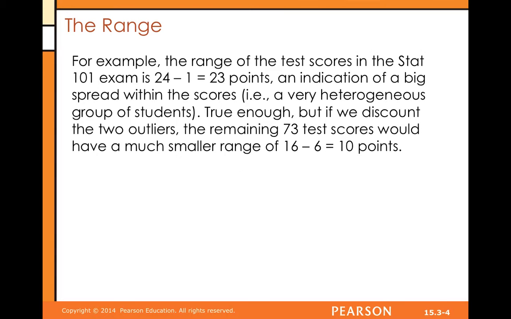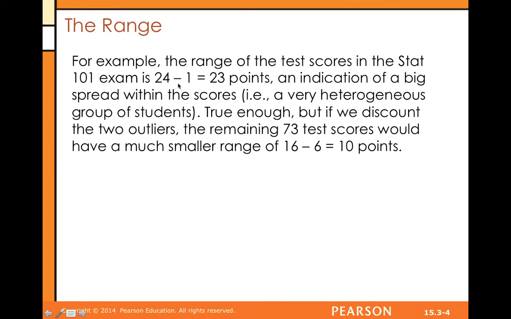So here we harken back to the example that has been running through section 15.1 and 15.2, the range of the test scores in that Stats 101 exam. So remember that those scores ranged from 1 all the way up until 24, for an actual range of 23 points.